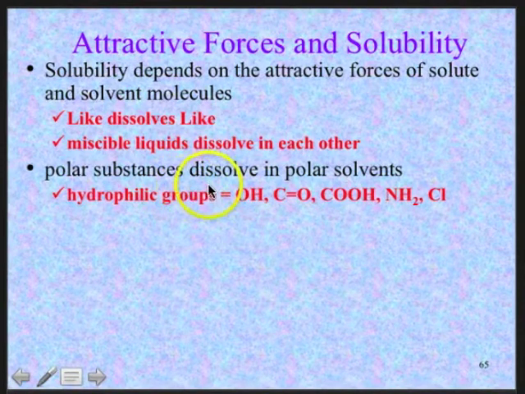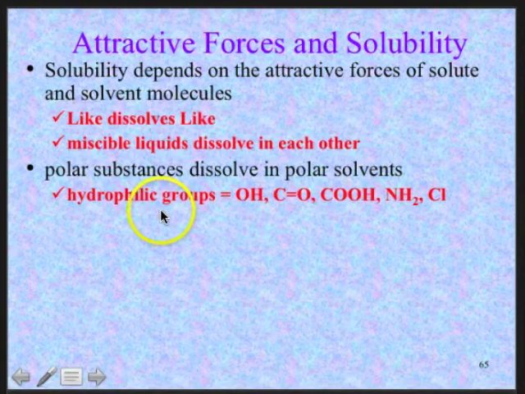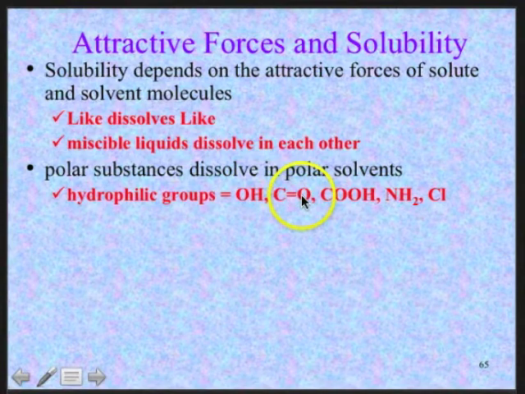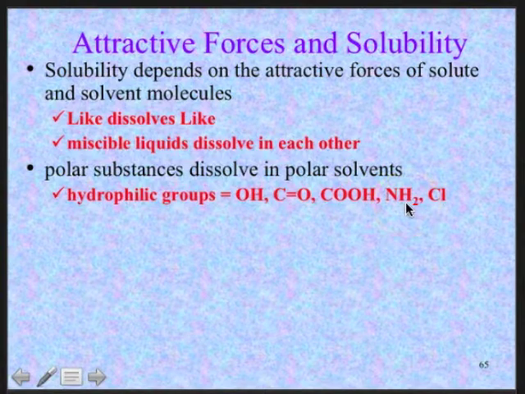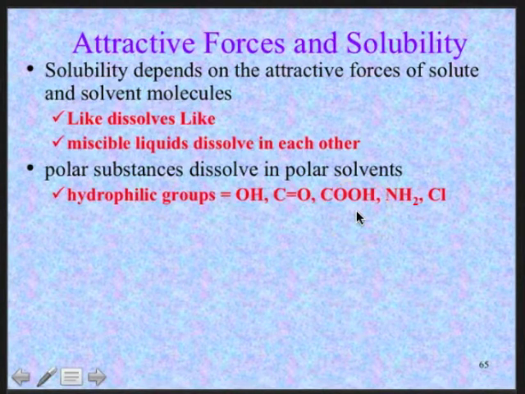Polar substances dissolve in polar solvents. They might have a hydrophilic group, which means a water-loving group. Hydroxide, C double bond O, COOH, NH2, even chloride are groups that help to make a solvent a polar solvent.